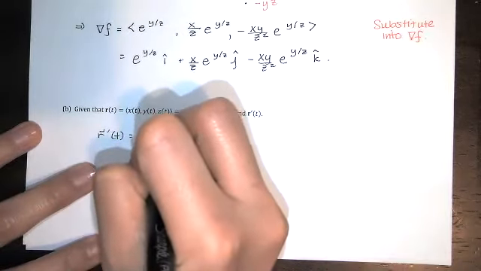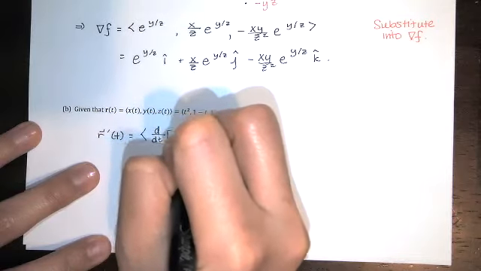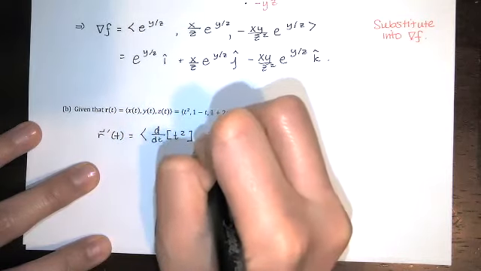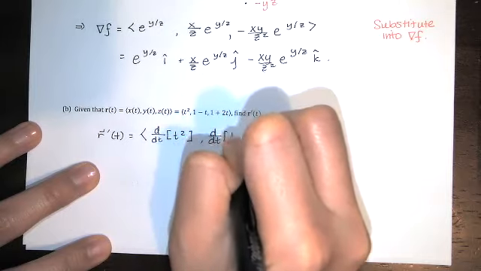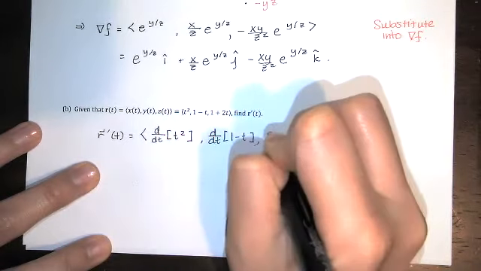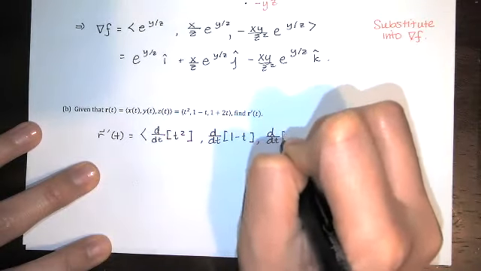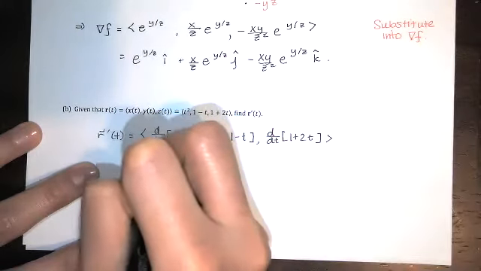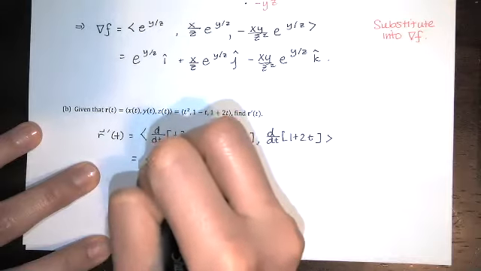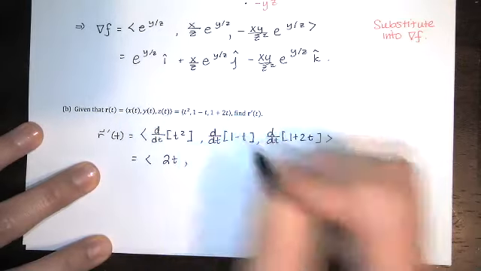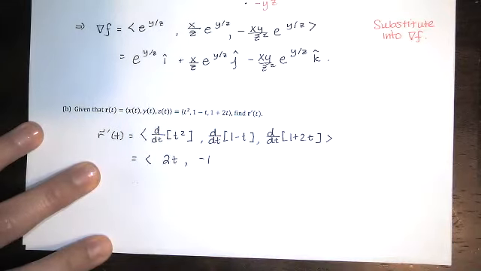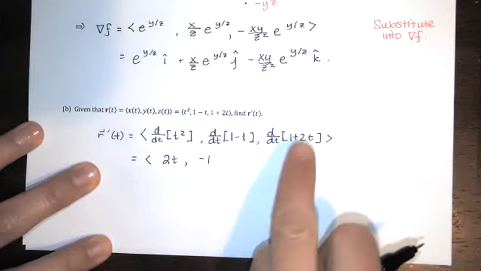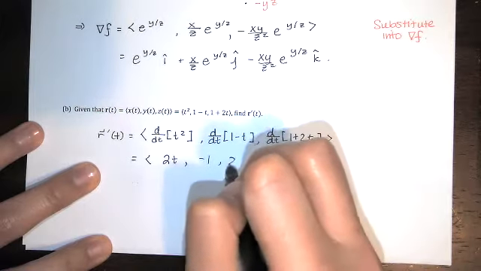We just take the derivative component by component. And of course, the derivative of t squared is 2t. Derivative of that component is -1, and the derivative of this component is 2.